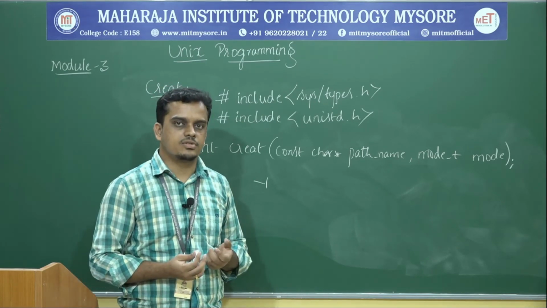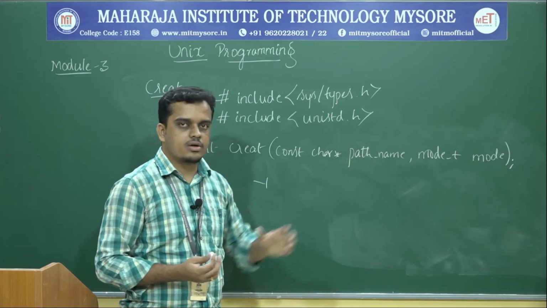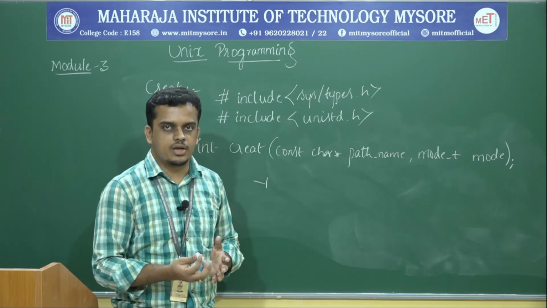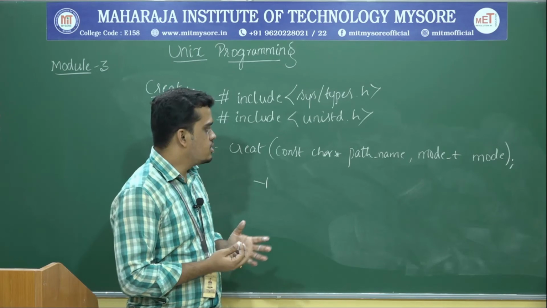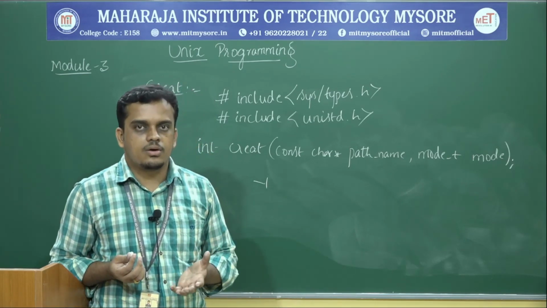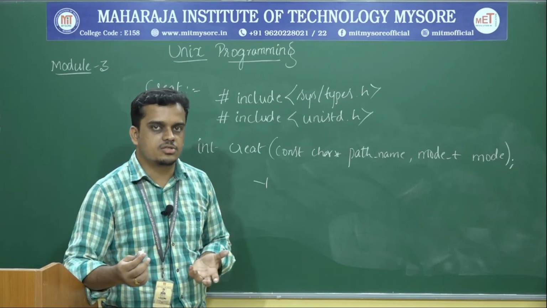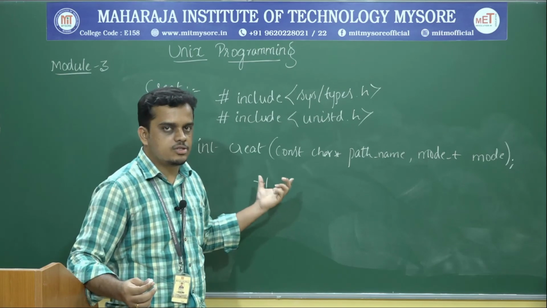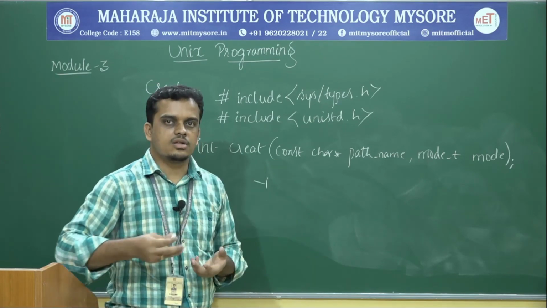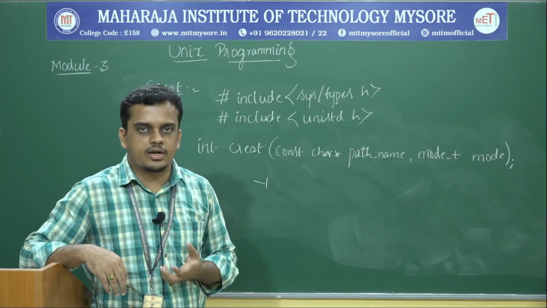Then the other consequence is if the mode value is not appropriate, once again you can expect a failure of the execution. And if the number of files present in the file system has already exceeded the maximum limit, even then you can expect the failure of the function called create. So these are the different consequences in which you can expect the failure of this create API.